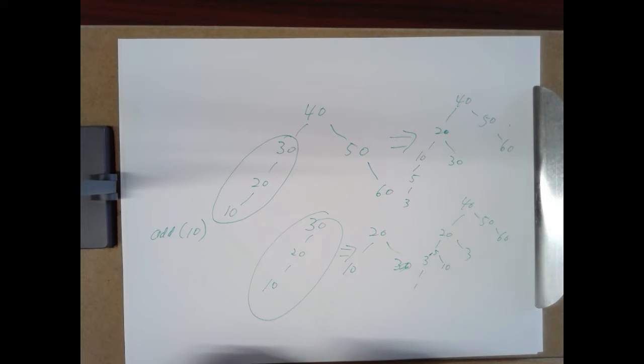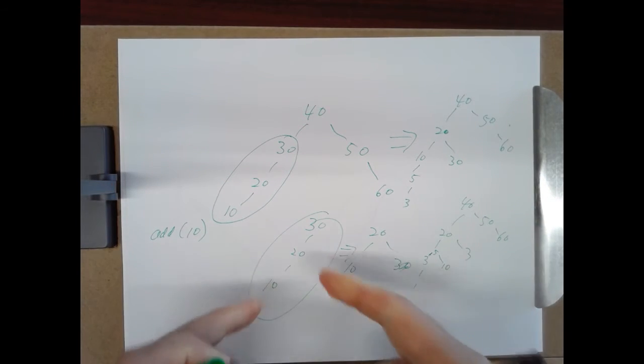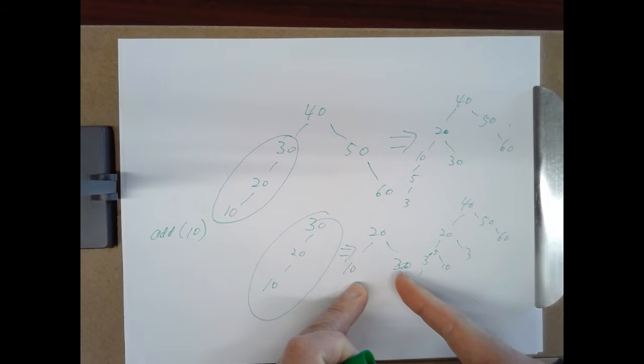So does the rotate operation include setting the parent of 20 in our example? It's changing what 40 is pointing to, so that instead of pointing to this, it's pointing to that.